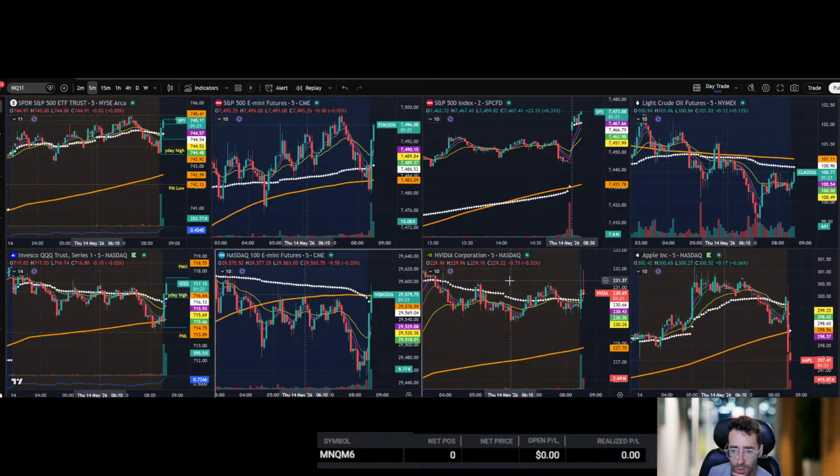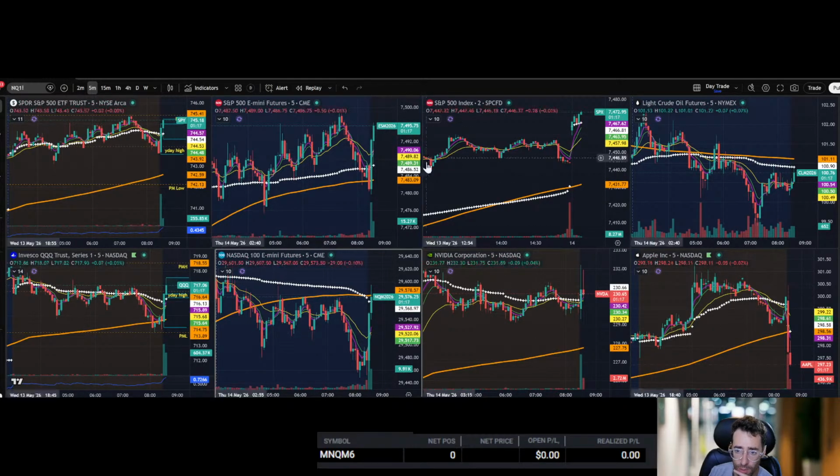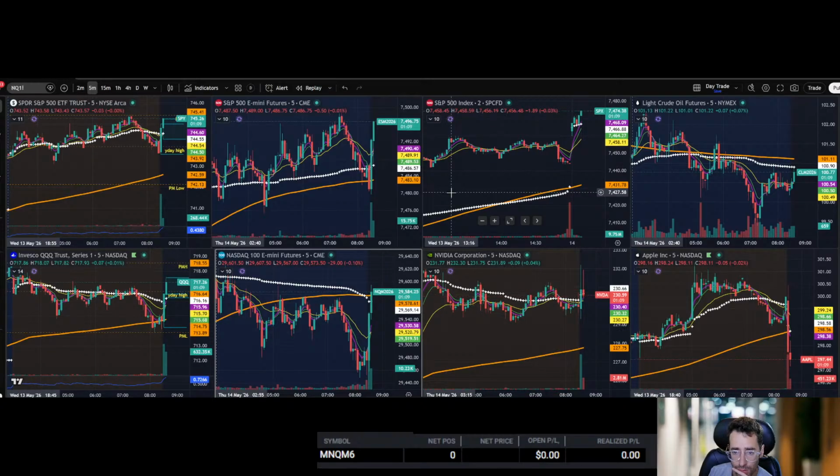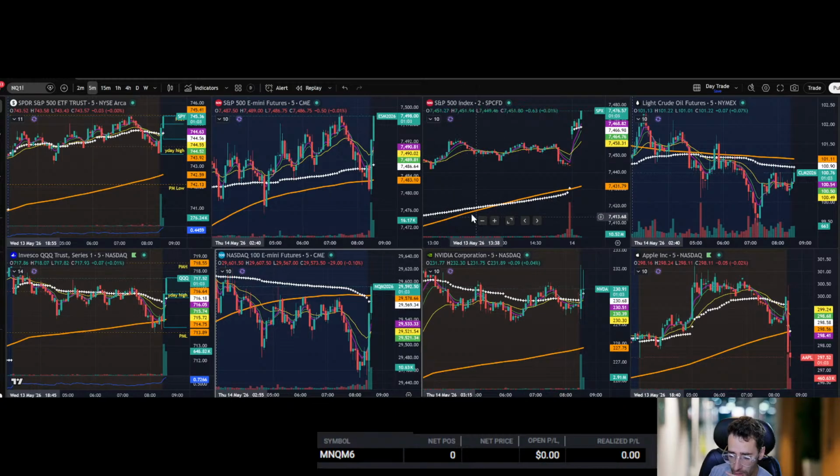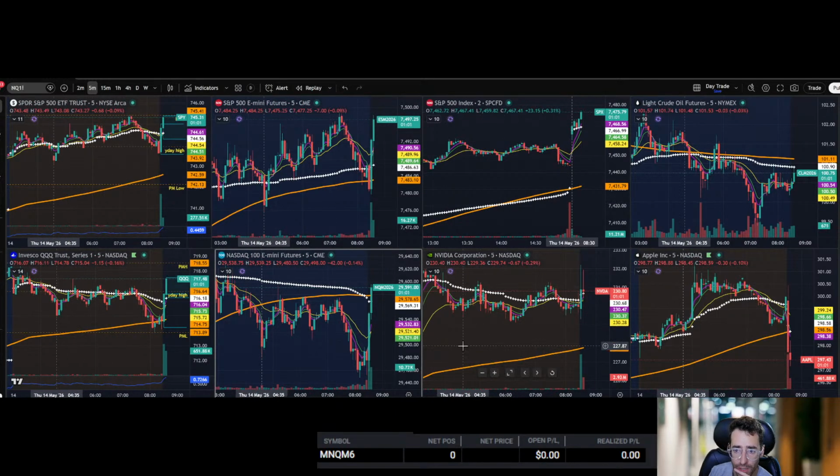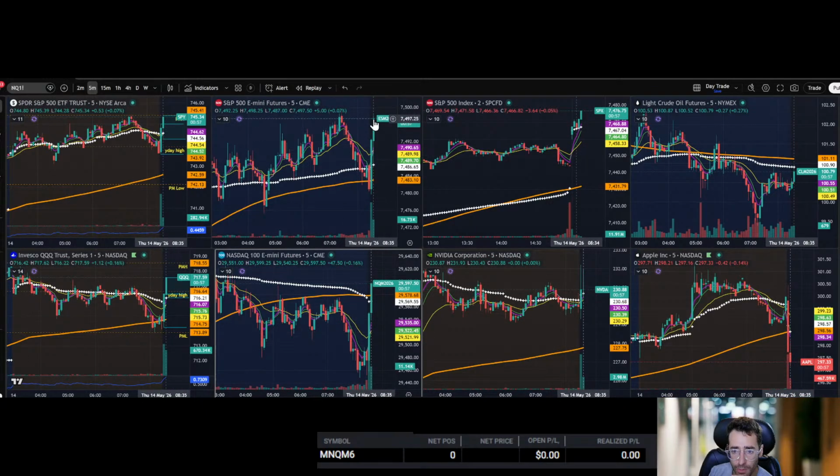I want to wait for this candle to close here. You can see how much time it has left right there: 1 minute and 16 seconds. It's a 5 minute candle, so every 5 minutes a new candle forms. I want to wait for that to close before I do anything, because what's possible is we could break above this 7,500.